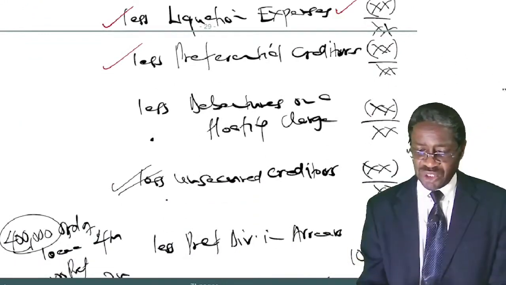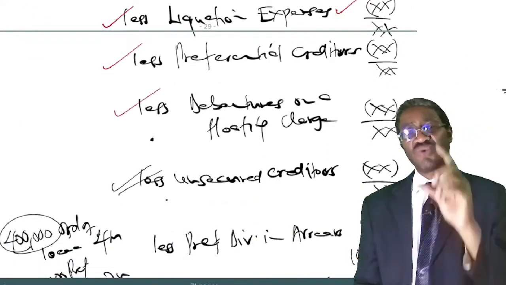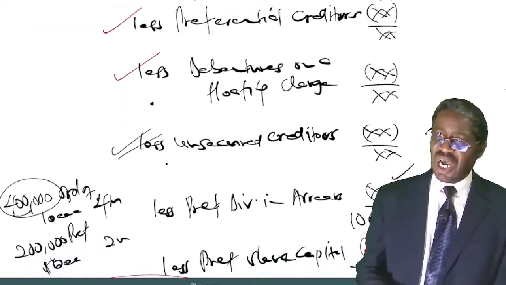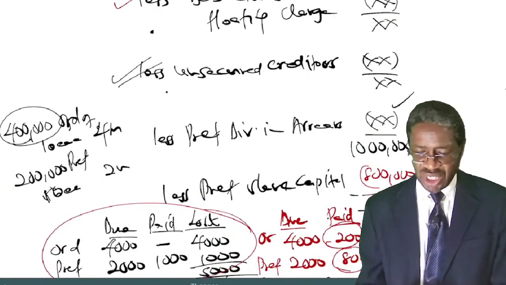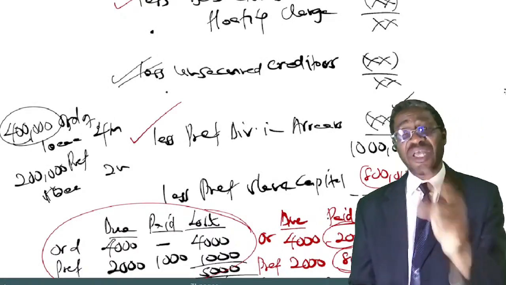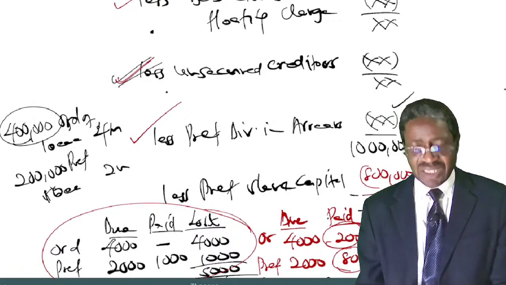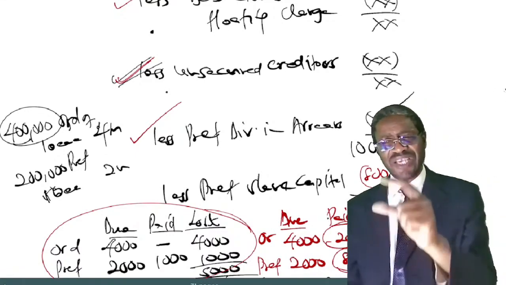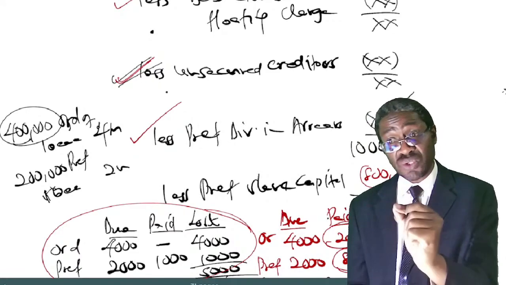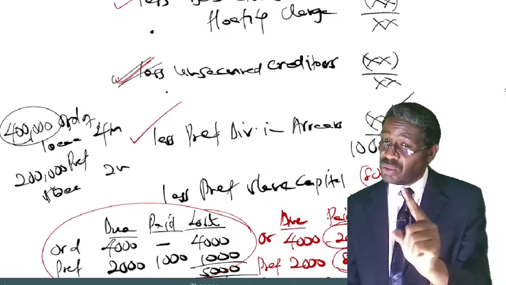After you pay the preferential creditors, money is still remaining, we said you now pay the debentures on a floating charge. After you pay the debentures on a floating charge, we said you pay the unsecured creditors.